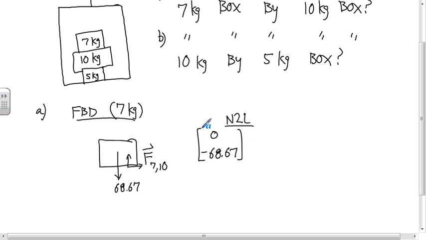So why don't you put the negative in the free body diagram? Because the way to interpret this is you can think of it as a direction. You can think of that as a unit vector, a vector that has a length of 1 pointing down. So you can think of this thing as the vector 0, negative 1, and then you're multiplying it by this value.